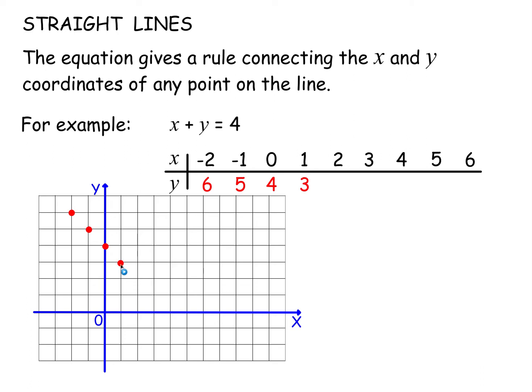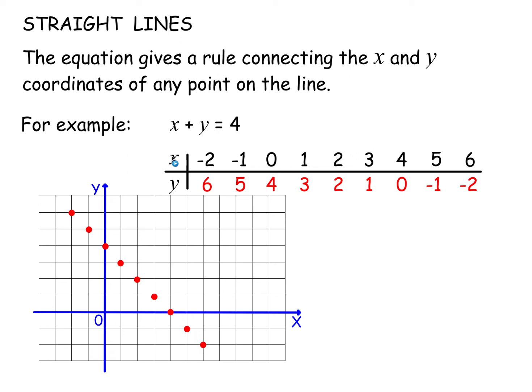And there's 1, 3 plotted. 2, 2. And there's 2, 2 plotted. 3, 1. And there's 3, 1 plotted. 4, 0. And there's 4, 0 plotted. 5, -1. And there's 5, -1 plotted. And finally, 6, -2, and there's 6, -2 plotted.